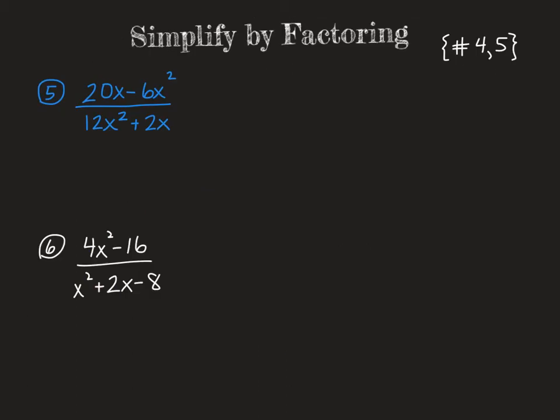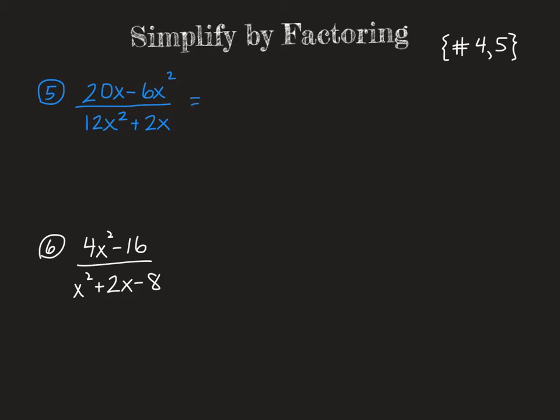Okay, the next two I think are a lot easier, just because factoring is probably easier than that stuff, but we are going to be simplifying these rational expressions by factoring. And let's take a look at number 5. The first thing we want to do with factoring is take out a GCF if there is one.